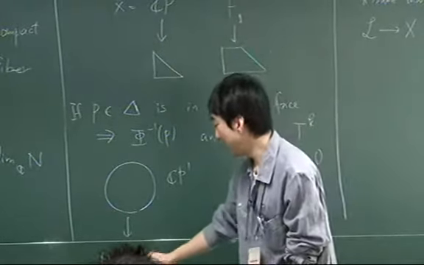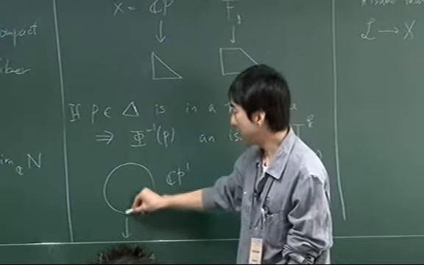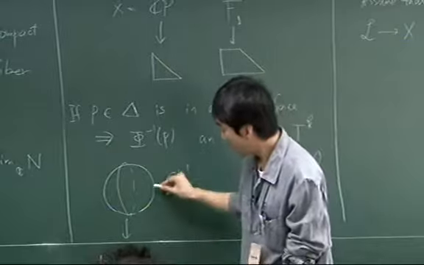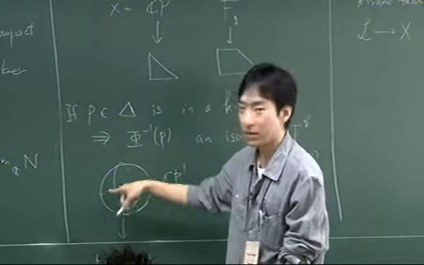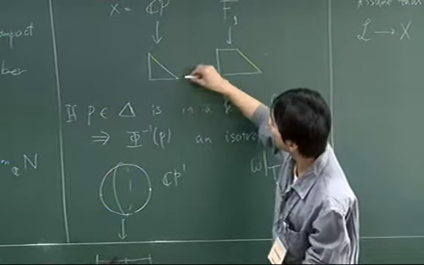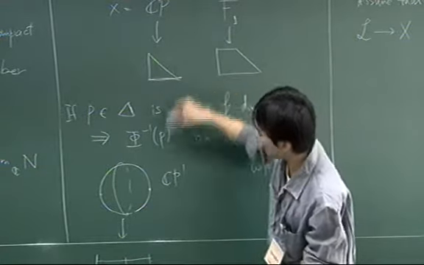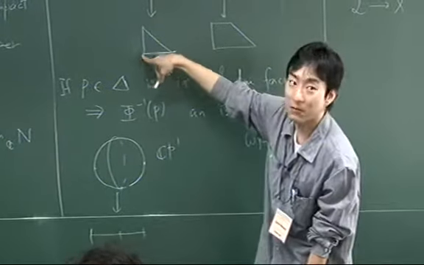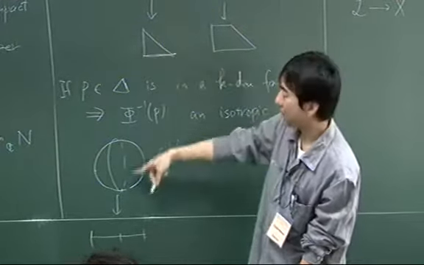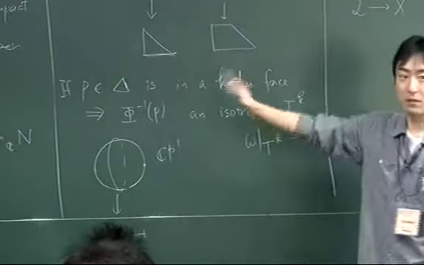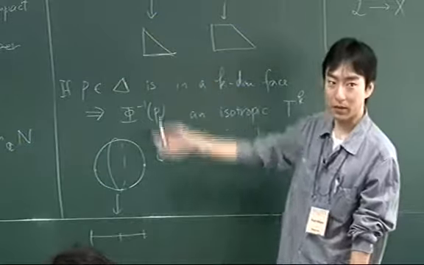And if you take a point in the interior, then this fiber is a circle. This is a one-dimensional torus. And at the boundary, the fiber is a point. This is a zero-dimensional torus. So on the one-dimensional face, its fiber is a one-dimensional torus, and so on. This is the general situation for toric varieties.